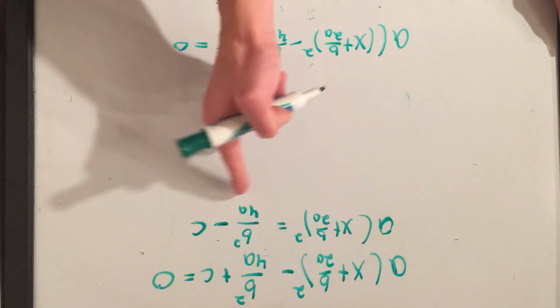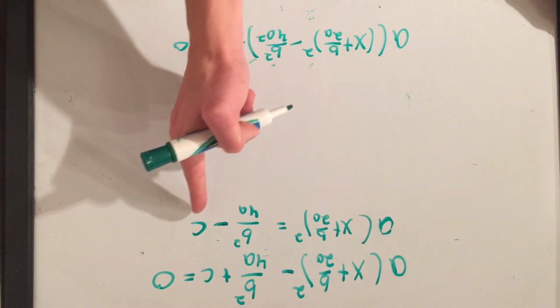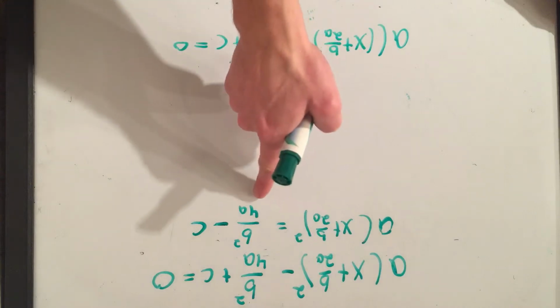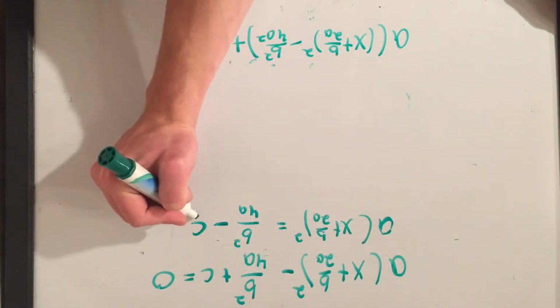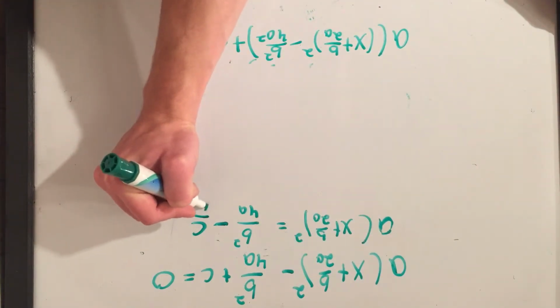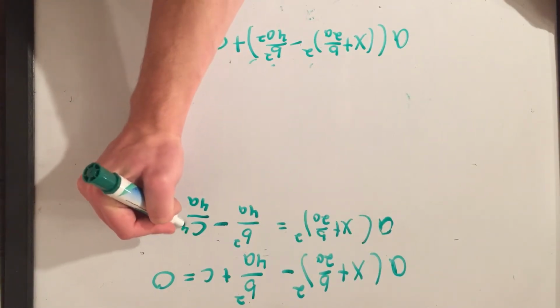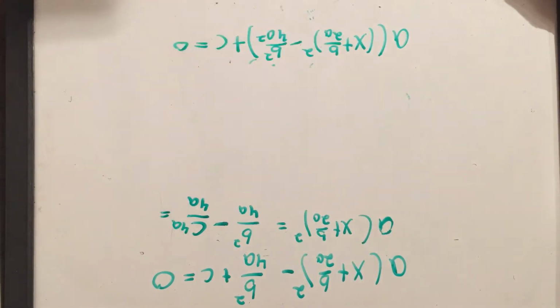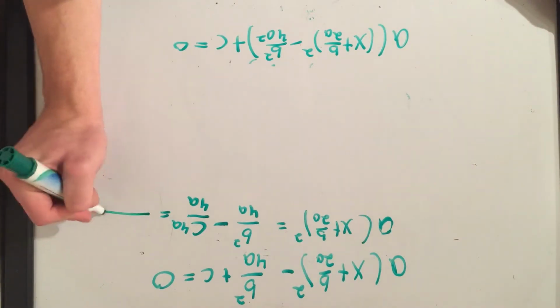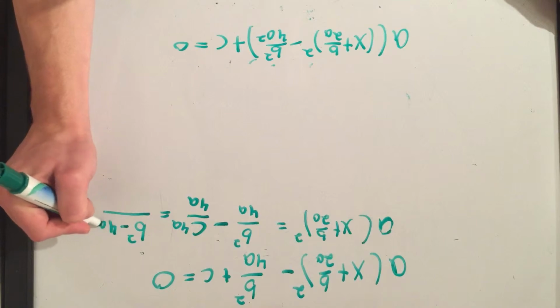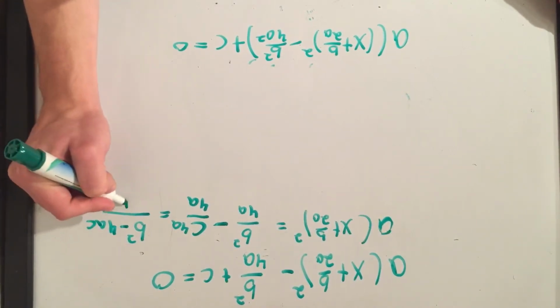So I'm going to get a common denominator between these two. Since c is by itself, but you can think of c as c over 1. So the common denominator here is 4a, which means I'm going to divide by 4a, and I'm going to multiply by 4a on the top. And I can write that as a single fraction as b squared minus 4 times a times c over 4a.